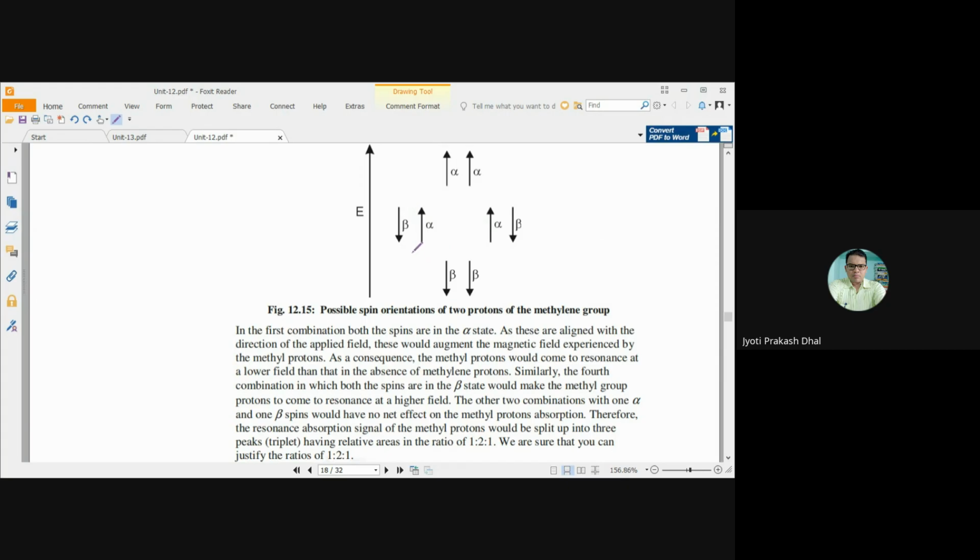So four combinations will be there. The first one is that one proton opposes the magnetic field and the other aligns with the magnetic field. In the second combination, both protons oppose the magnetic field. In the next combination, one proton aligns with the magnetic field and the other opposes it.